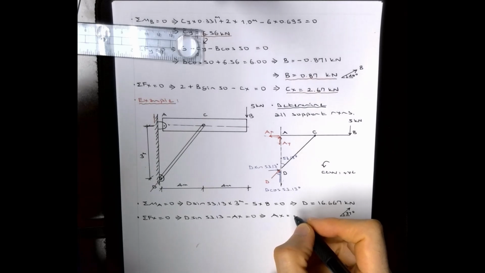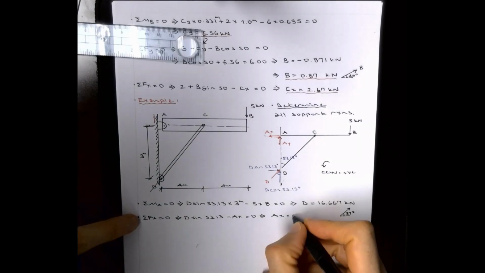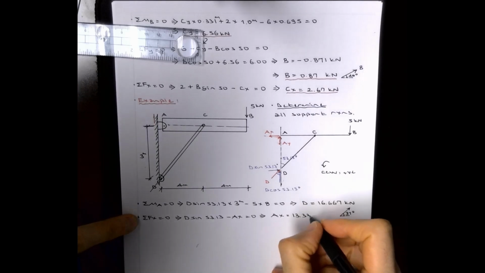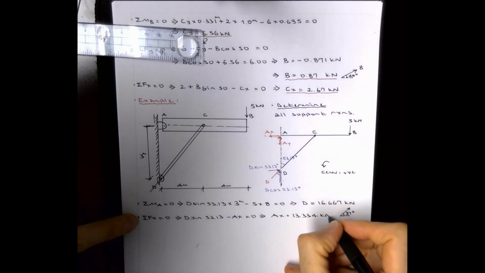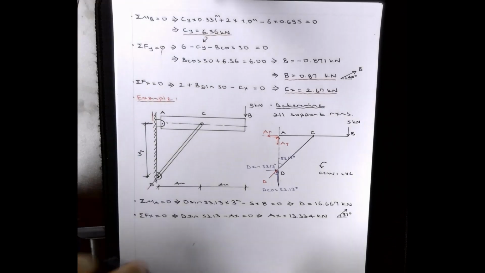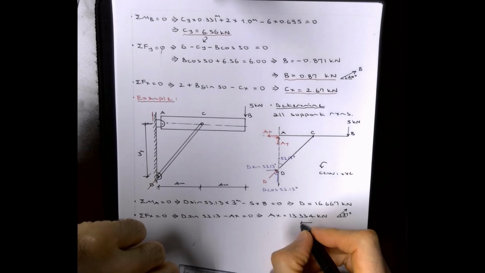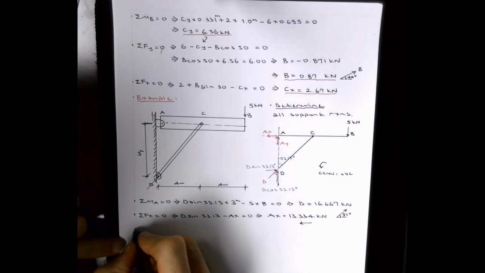And then from this, AX will come out to be 13.334. And again, it's positive. Luckily, what we assumed was right. I'm showing the orientation, the direction of it.